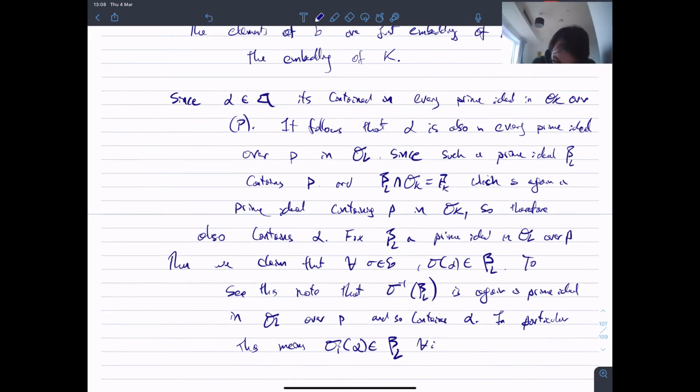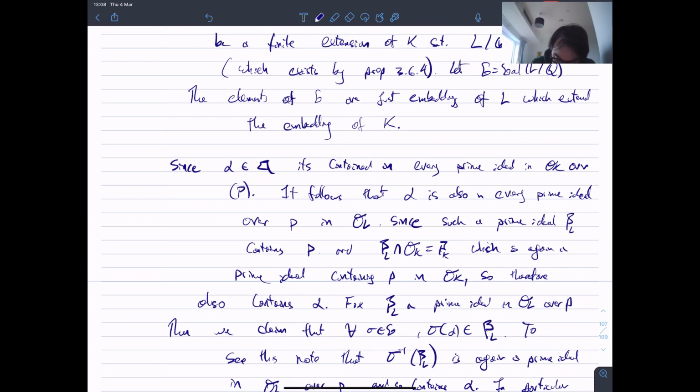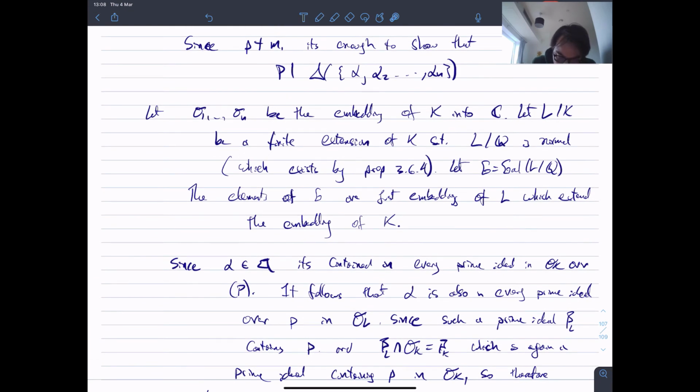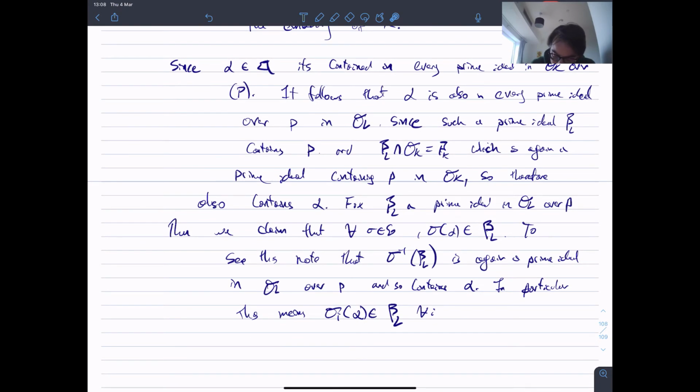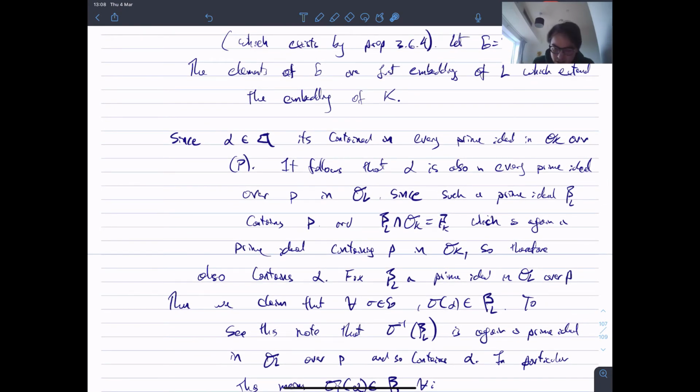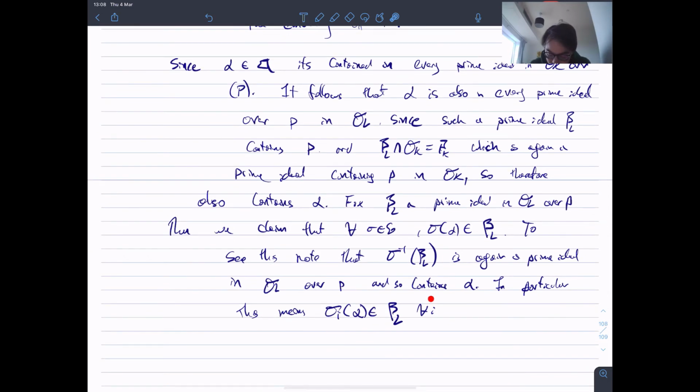Remember, these sigma i's were my embeddings of K into C. I gave the names for the embeddings into C. And because the embeddings of L into C are just extensions of the embeddings of K into C, this is also true for the embeddings of K. So all of these are in here.